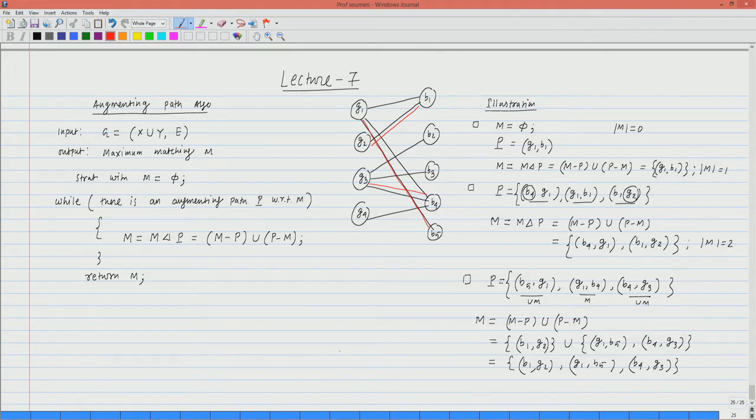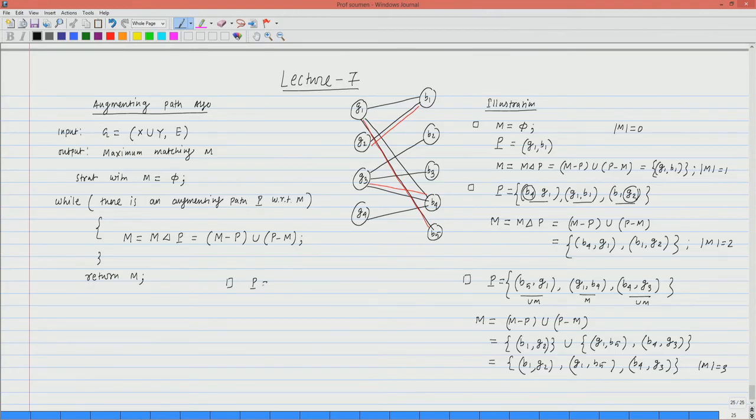Now, with respect to this matching, can you find an augmenting path? That is the next iteration. Now, the cardinality of this matching is equal to 3. Yes, so you can find this augmenting path.